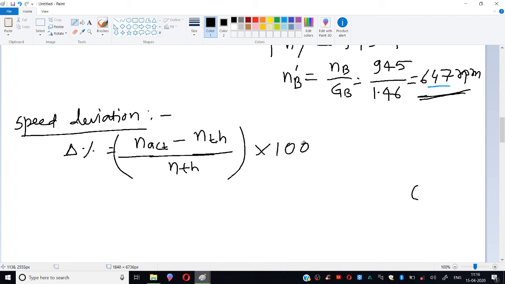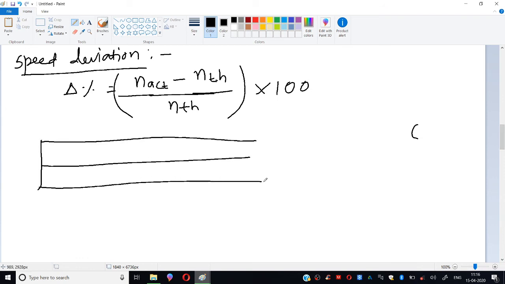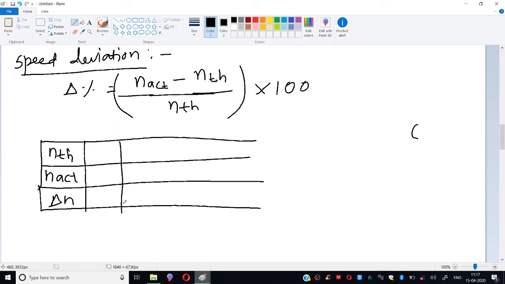For that, we are going to make one table in which we write n theoretical, then n actual or practical, and delta n. There are 6 speeds, so 1, 2, 3, 4, 5 and the last one, 6.